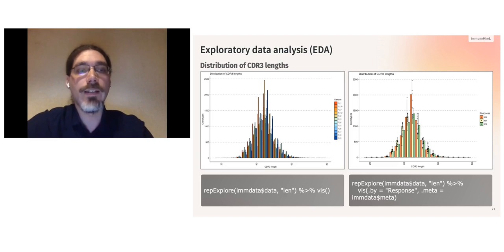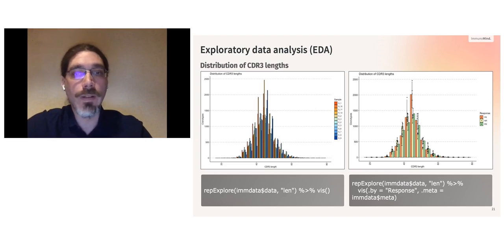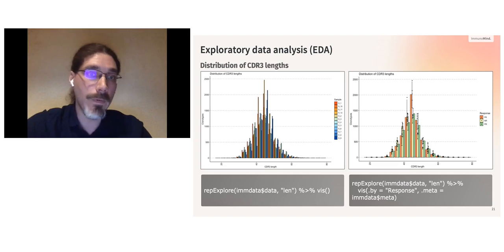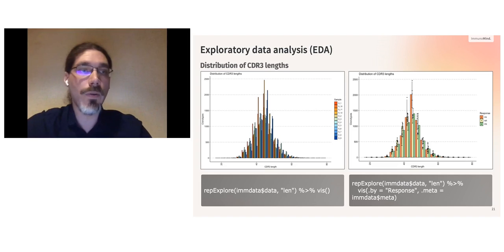On the left side, again, instead of volume, you provide the length parameter and visualize it. And on the right side, you can see the grouped length distribution. On the x-axis is the distribution of CDR3 length, and on the y-axis is the number of clonotypes, or proportion if you pass additional parameters to this function.